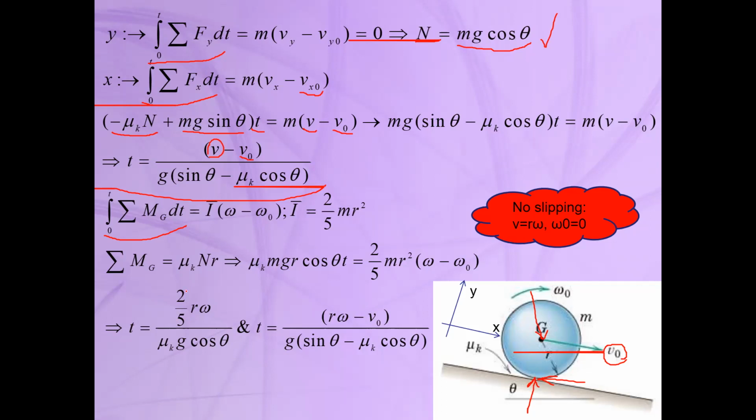Only the friction force, which is mu k times n, will have the moment about the mass center multiplied by its arm, which is the radius of the sphere. So the summation of the moments about g is mu k n r, and on the right hand side we will have the mass moment of inertia about the mass center times omega minus omega naught, where omega naught, according to the problem description, is equal to 0.